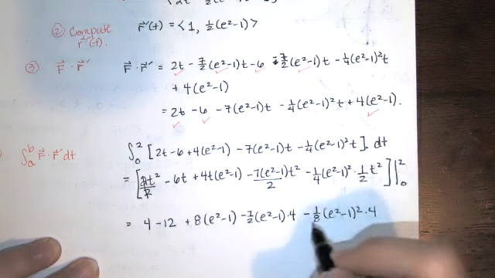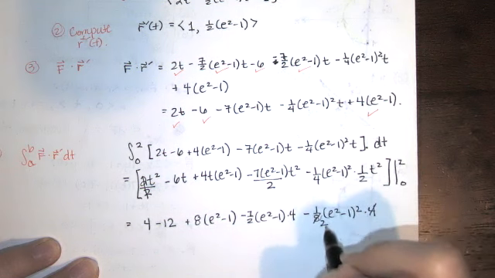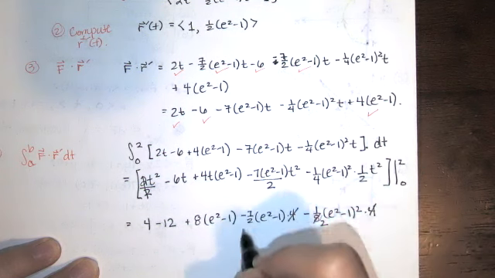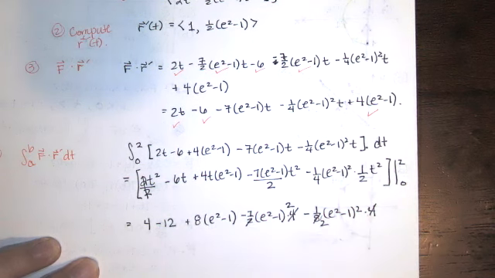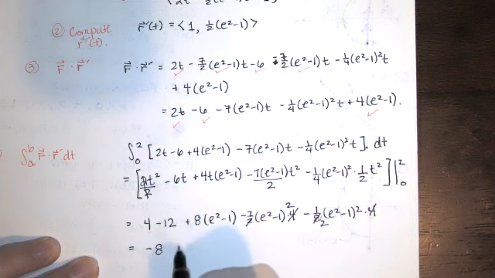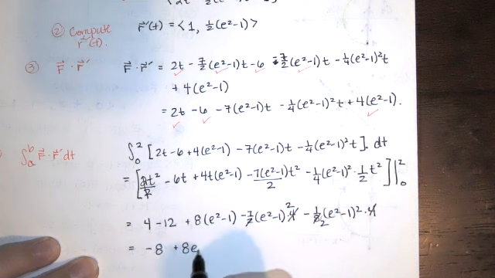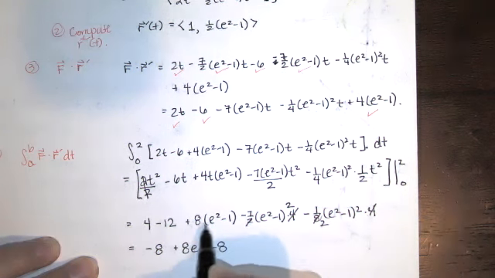It's just not simplified. 4 goes into 8 2 times. 4 goes into 2 twice. So what we have here is 4 minus 12, which is negative 8, times this quantity. I might distribute that 8. So I'll have 8e squared minus 8.